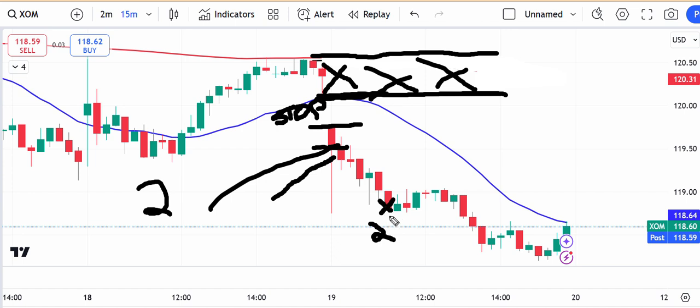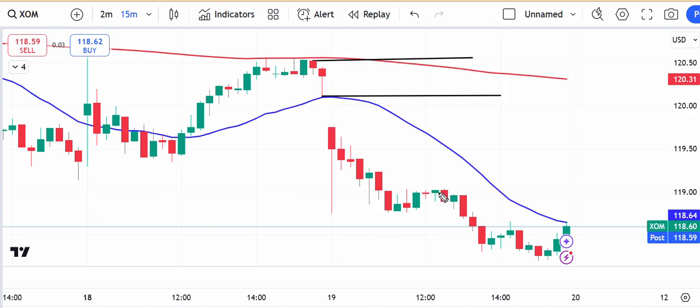If you wanted to, you could wait. And what do we mean by wait? Since we're in negative territory, we could have waited for this one right here. See that right there? When you have a removal of red in negative territory, let's see, removal of red right there.